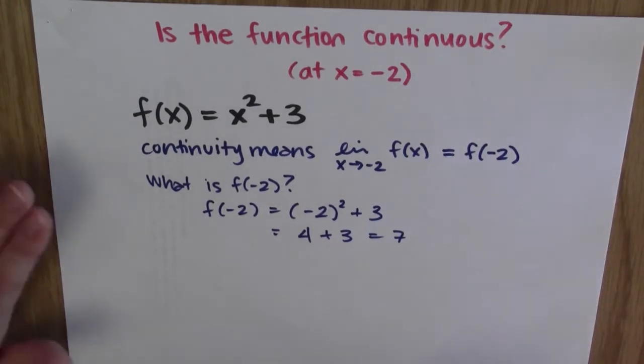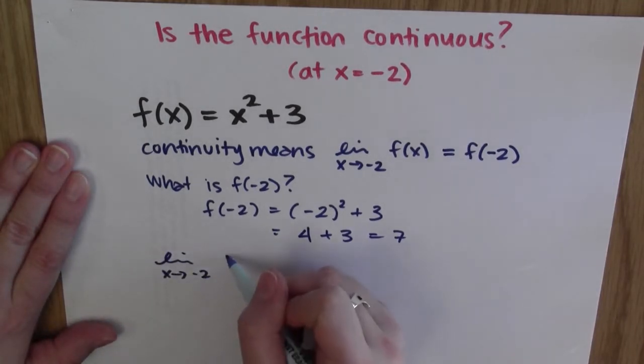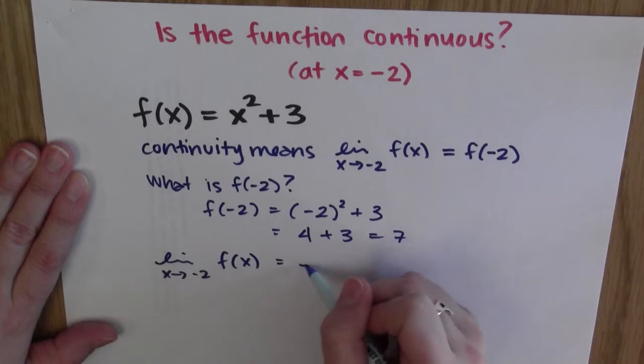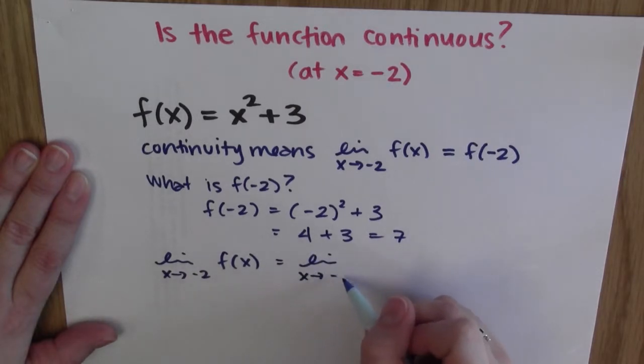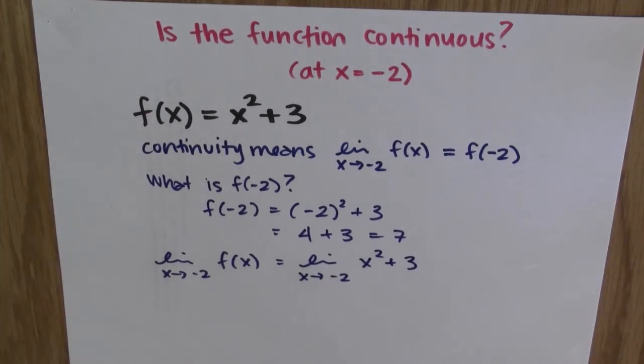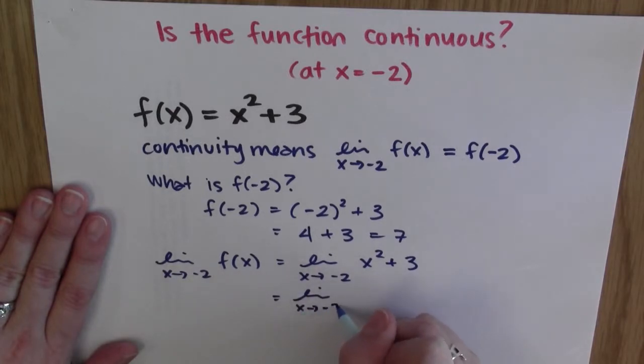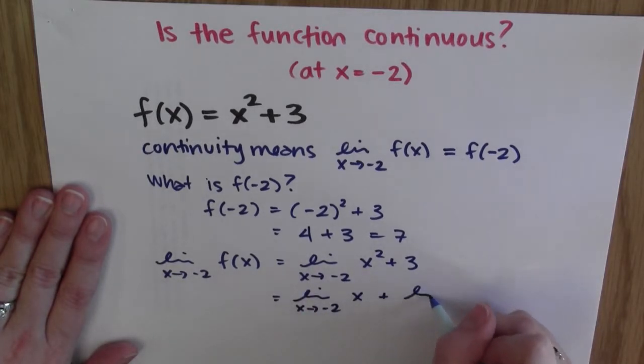So let's check it out. What is the limit? Well, the limit as x approaches -2 of f of x is the limit as x approaches -2 of x squared plus 3. We know that the limit of a sum is the sum of the limits. So I get the limit as x approaches -2 of x squared plus the limit as x approaches -2 of 3.